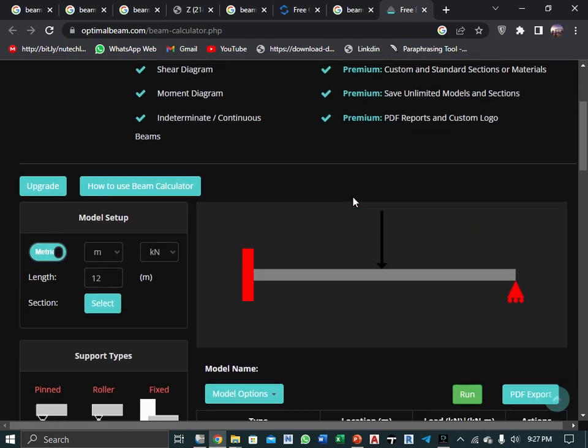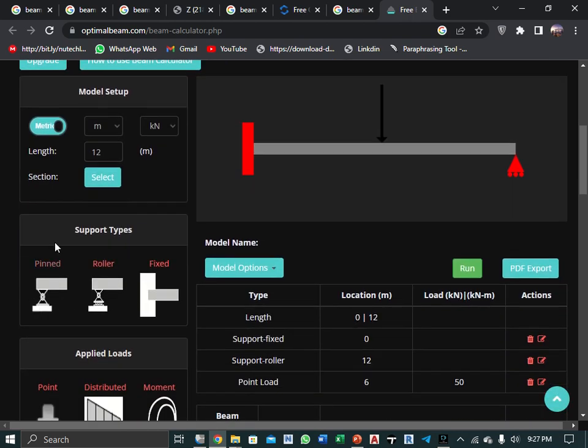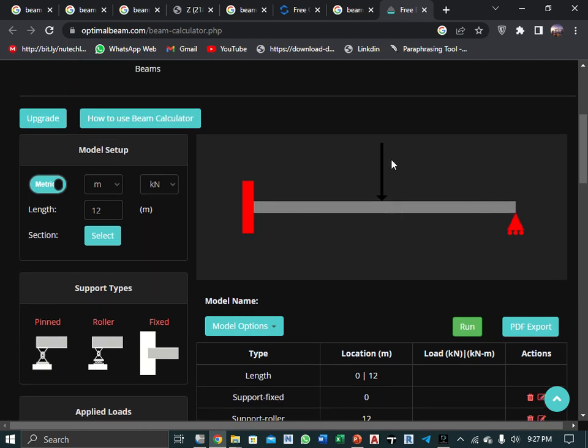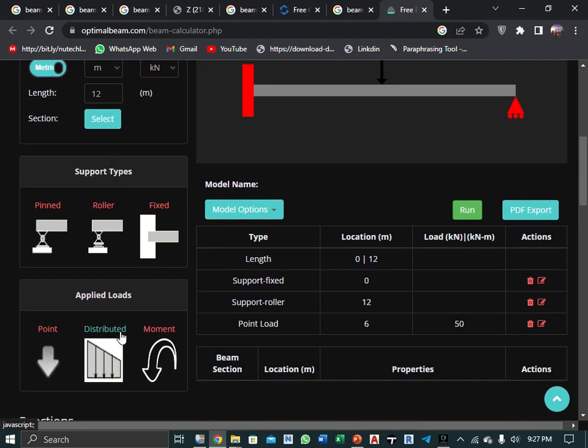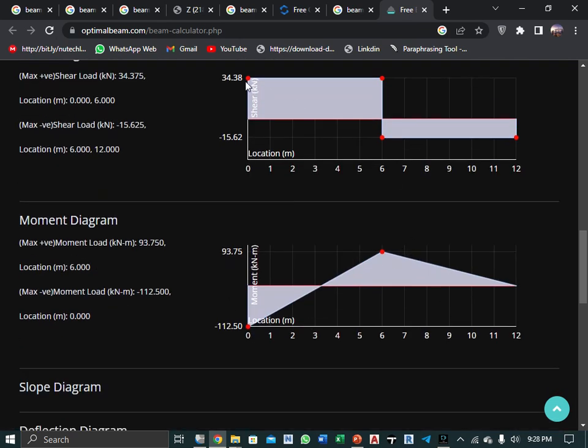Here you can put in your length and your supports, pin support, hinge support, roller support, and the point loads. You can see the point load at distance 6 is 50. Now you can click run, and these are the shear force and bending moment diagrams.